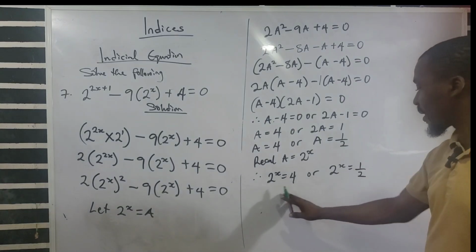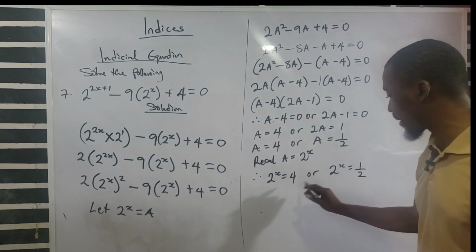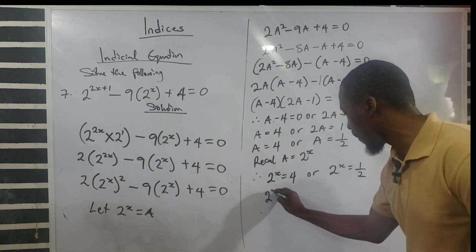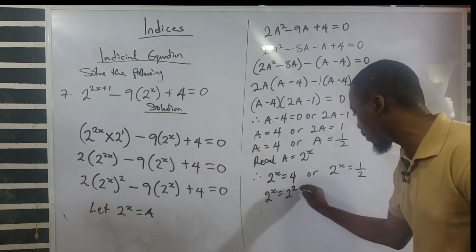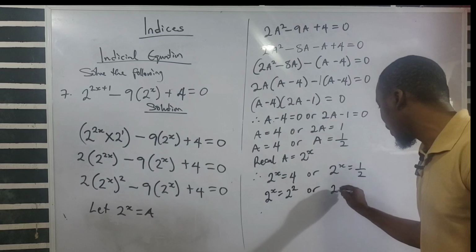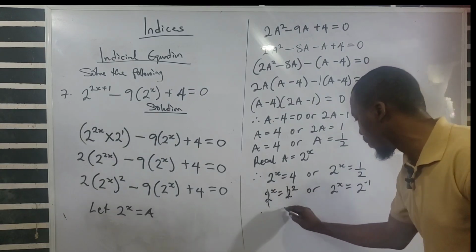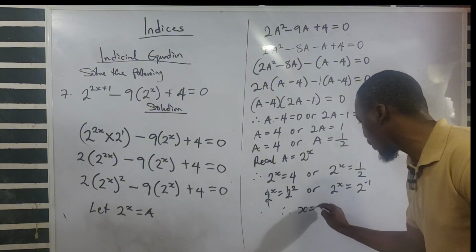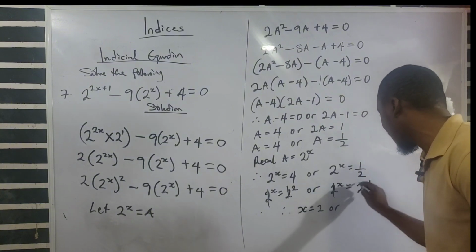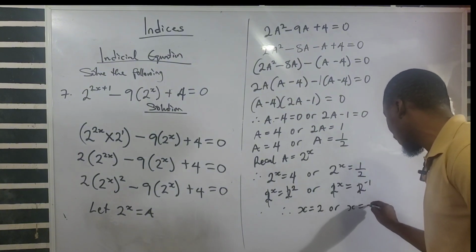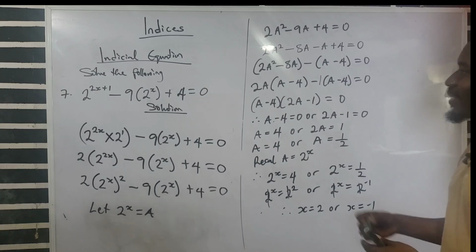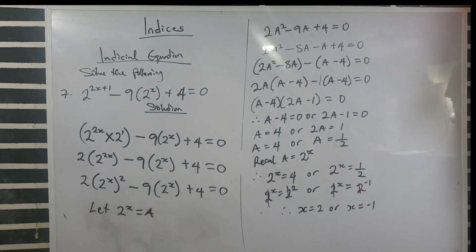So you express everything as an index. So you have 2 raised to power x equals 2 raised to power 2, or 2 raised to power x equals 2 raised to power minus 1. So this and this will go. Therefore, x equals 2, or this and this will go, x equals minus 1. So that's how to solve that, as simple as that.